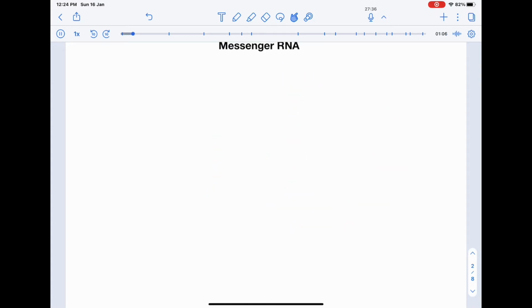mRNA is a single-stranded RNA molecule. mRNA is synthesized by a process called transcription.